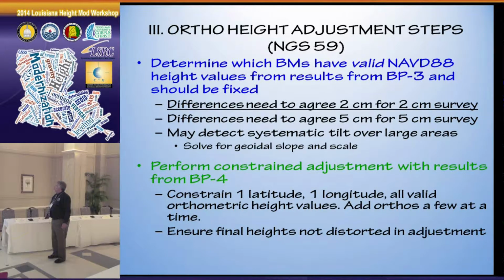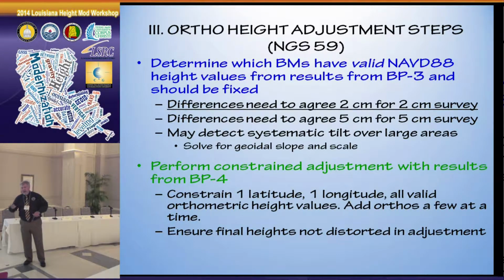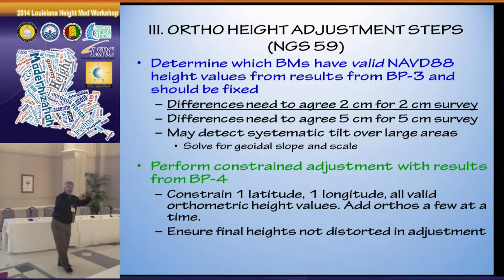Once you have looked at all that and gotten the outliers out, you start to add the known benchmarks and do a least squares adjustment. Don't add them all at once, because then you won't know where the outlier is. Add 2, and then do an adjustment. All you've got to do is hit the button once and look at the results.